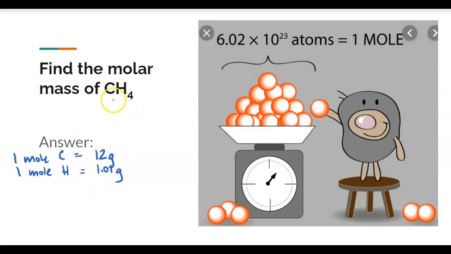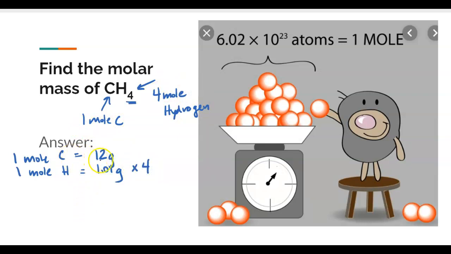So in this case, my chemical formula tells me I have 1 carbon, 1 mole of carbon. Now, because there's no number here, we assume that it is a 1. And this symbol here tells me I have 4 moles of hydrogen. How do I know that I have 4 moles? Is because of this lower number. So if I have 1 mole of carbon and 4 moles of hydrogen, what does that add up to?